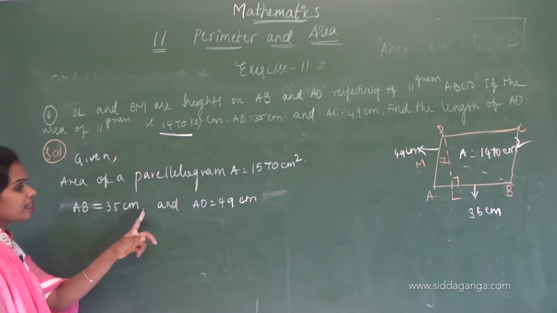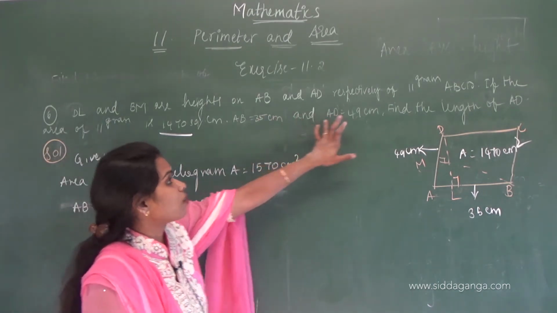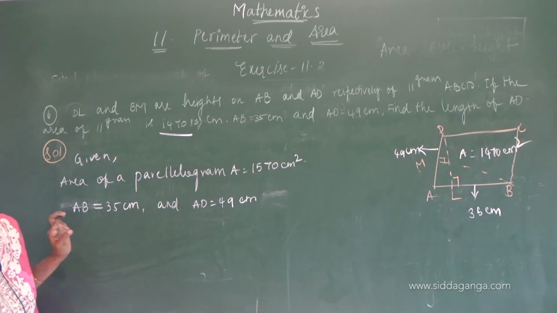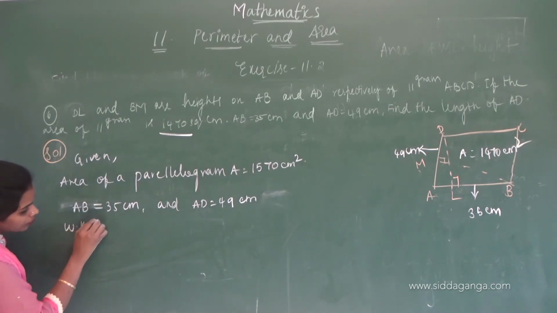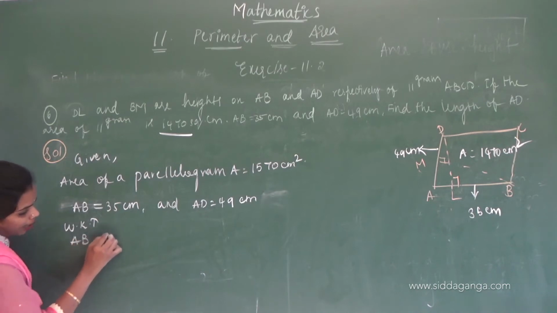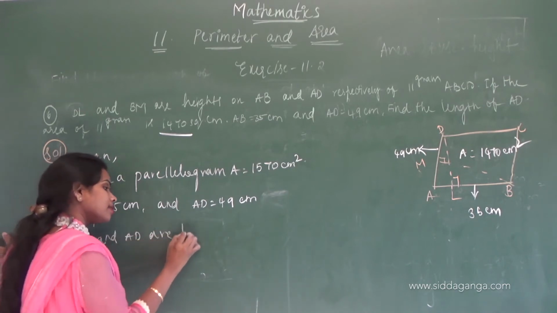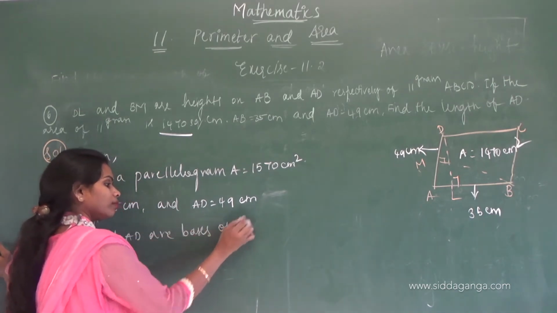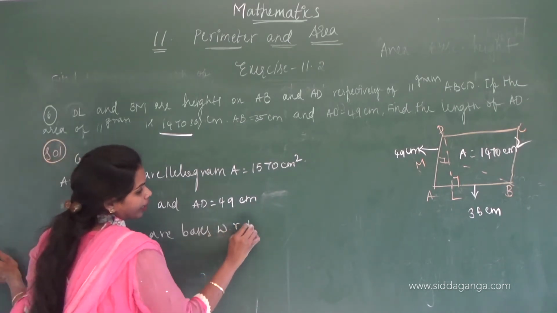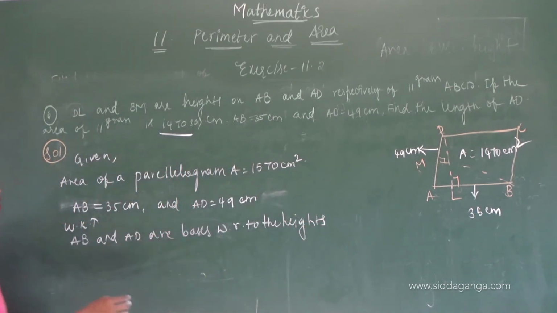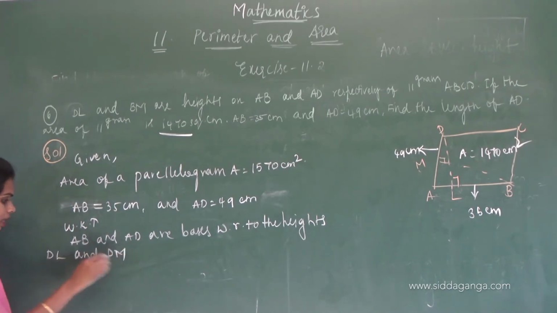Whatever they have given, I am writing them. These were not bases of a parallelogram, we all know. Then we know that AB and AD are bases with respect to the heights DL and BM. AB to DL and AD to BM.